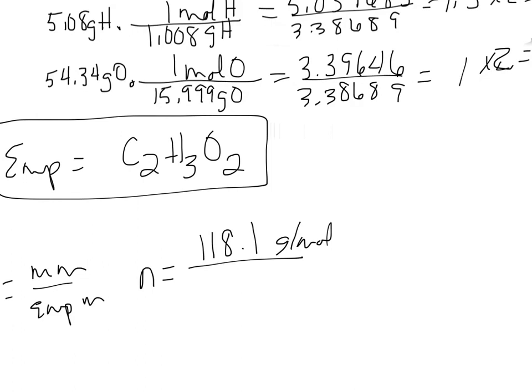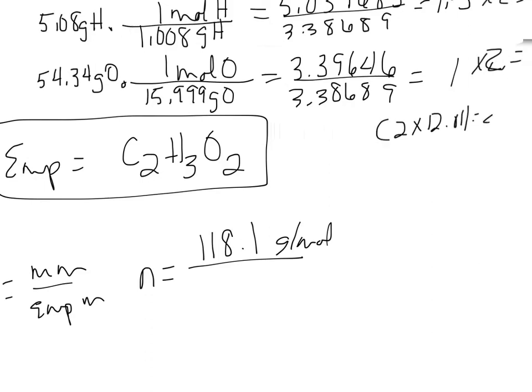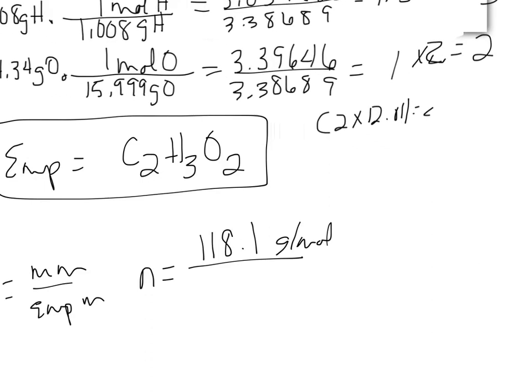And we say there's 2 C's times 12.011. Let me slide it over a little more. 24.022. And then there are 3 H's times 1.008, 3.024.